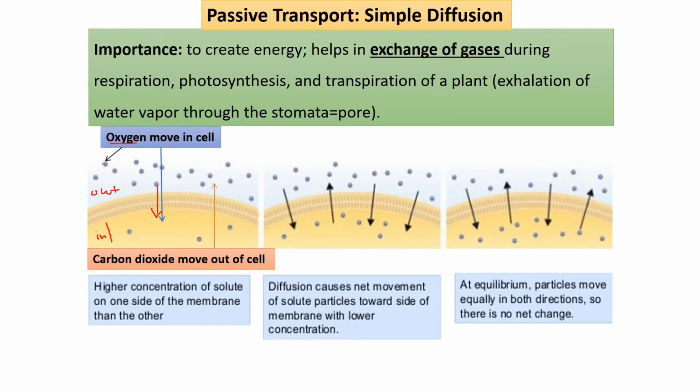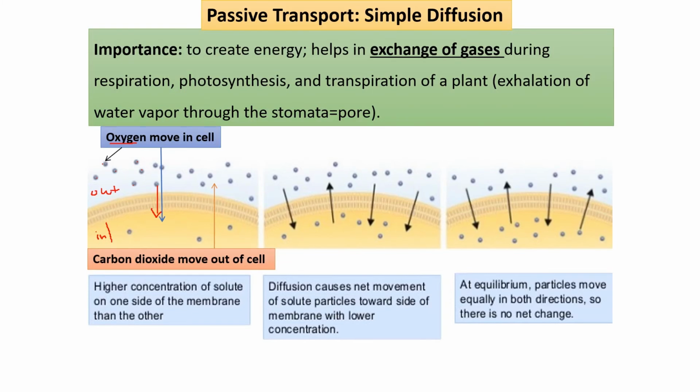Carbon dioxide, in the opposite case, will be more concentrated inside of the cell, so it will move in the opposite direction, away. In this case, oxygen will continue to move inside of the cell.